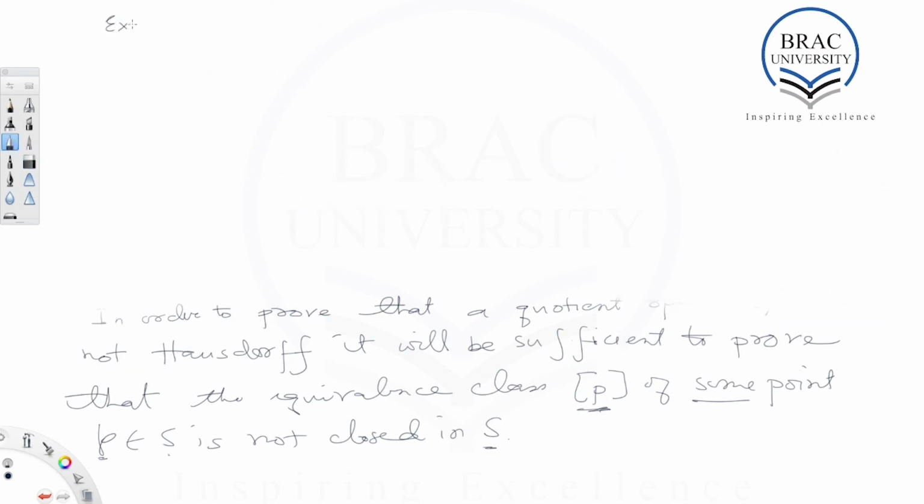Example. So define an equivalence relation twiddle on R. How?